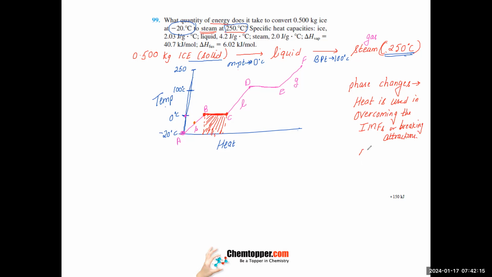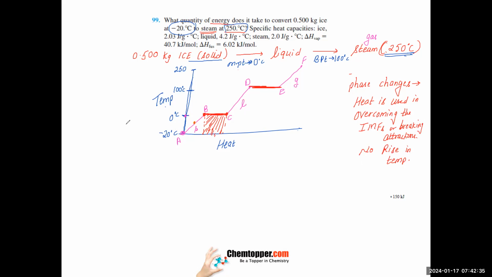So no rise in temperature. Heat will not appear as a rise in temperature. When heat is not doing any work, then it appears as a rise in temperature. So children, please write this in your notes. It's very important.